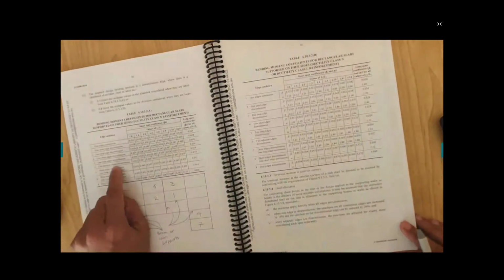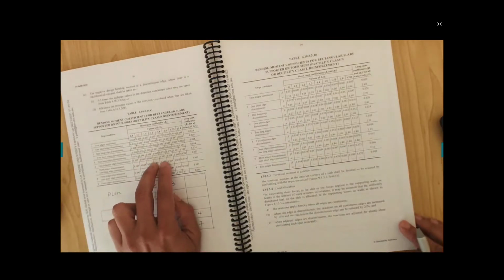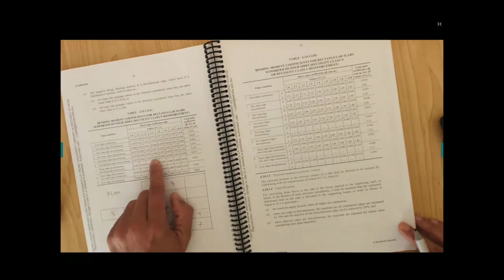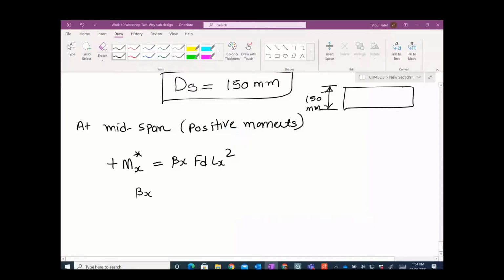I think we spent some time on condition number 6, and our Ly on Lx ratio is 1.4. So here you go, 1.4. That is nicely suited here, 1.4, and condition 6, 0.051. So beta x equal to 0.051.